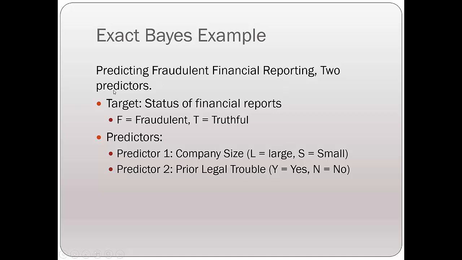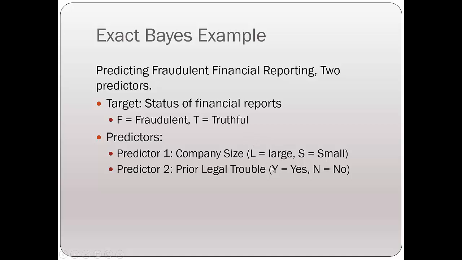So we will look at an example of this in Excel, where we have financial reporting data, where we have 2 predictors, company size, 2 possible values, and prior legal trouble, 2 possible values, and the classes are fraudulent or truthful. So when you have 2 predictors, each with 2 possible values, there are 4 possible predictor profiles.